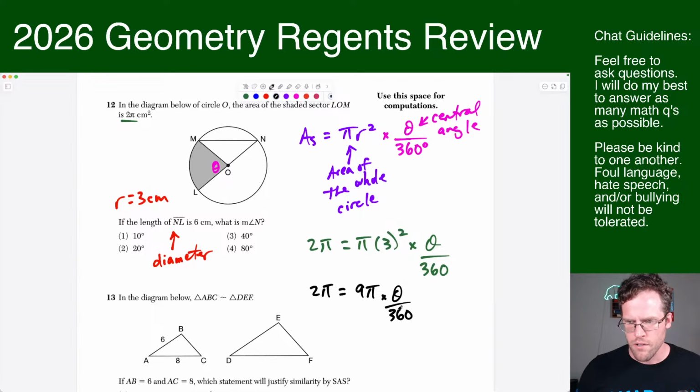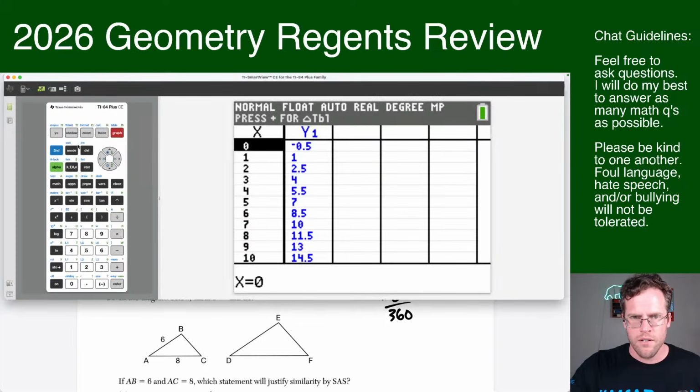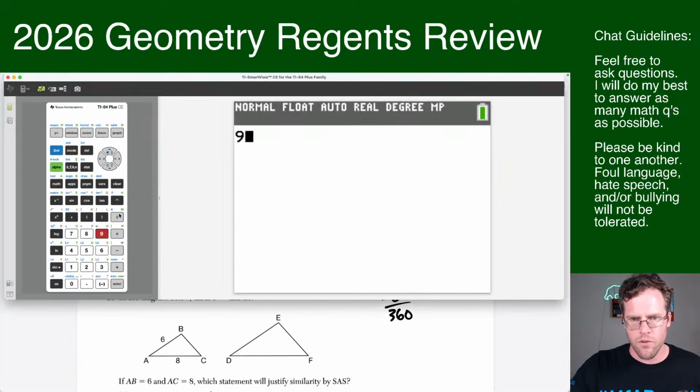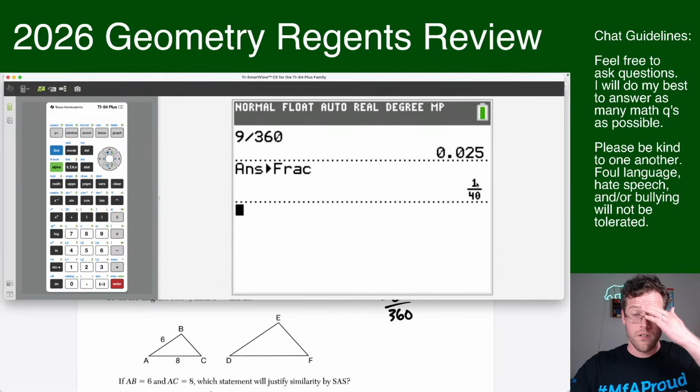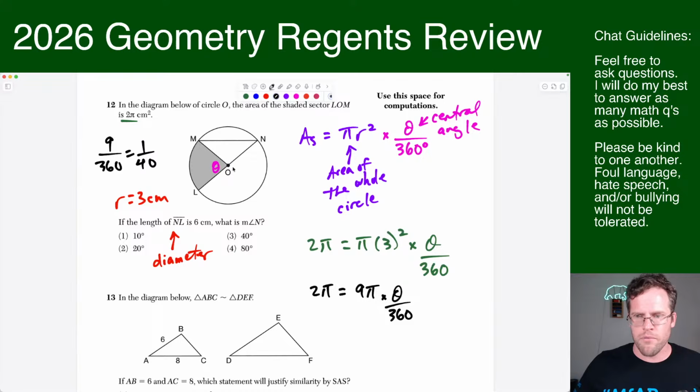First I could reduce. I'm thinking in my head that 9 over 360 is equal to 1 over 40. And if you're wondering how I did that, you could always use a calculator. If I did 9 over 360 and press math, enter, I get 1 over 40. Okay, so that's where that came from.